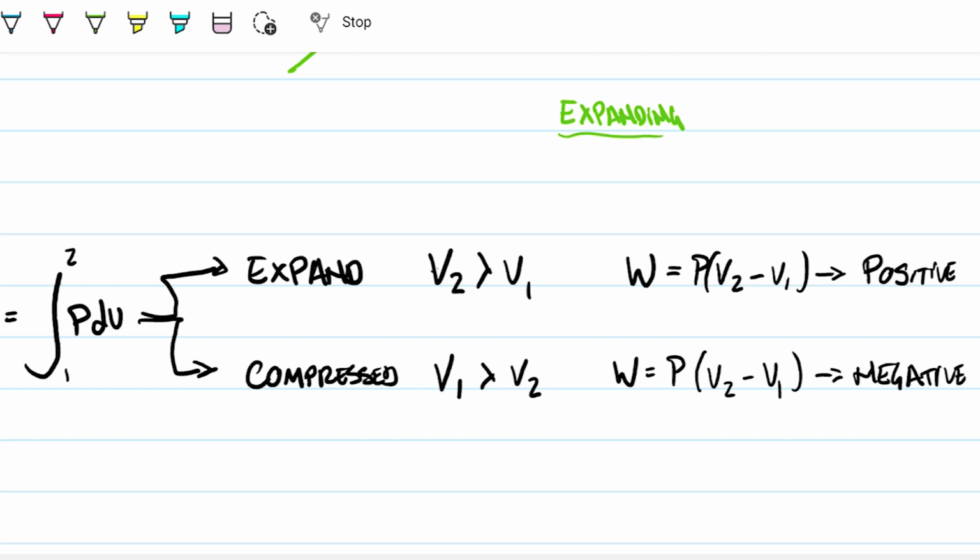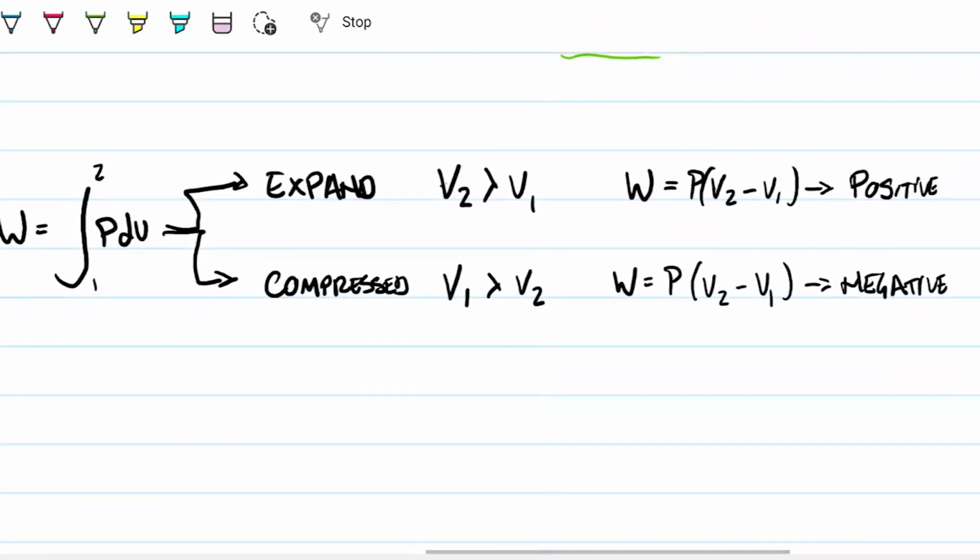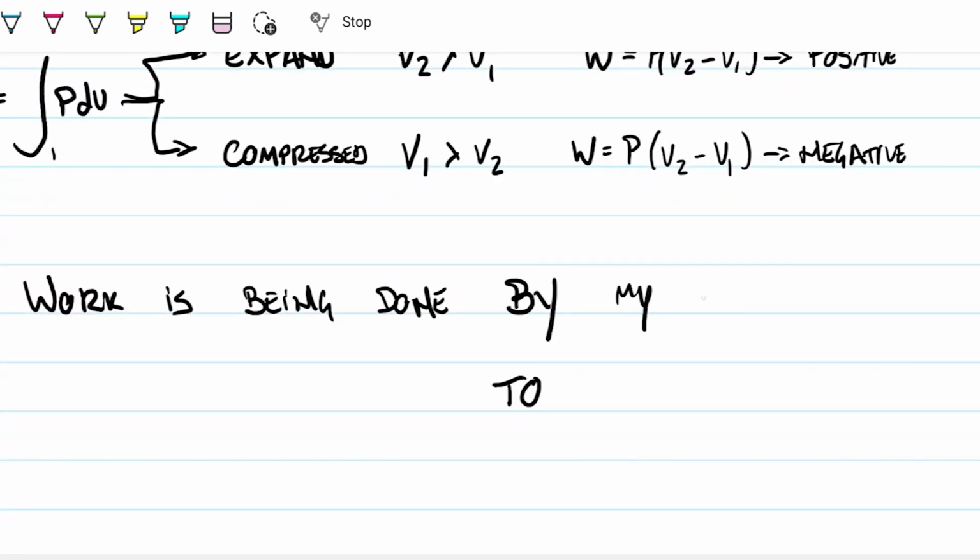This doesn't matter so much as long as you explain your final answer, right? So if you say work is being done to my system or by my system. Oops, let's do this in yellow.